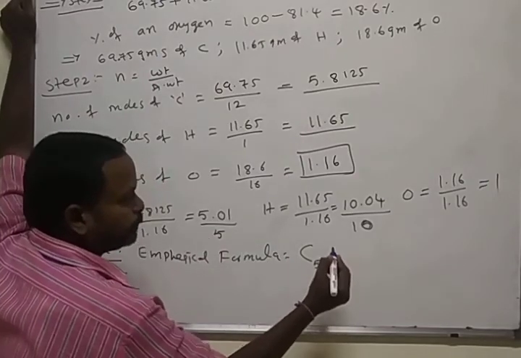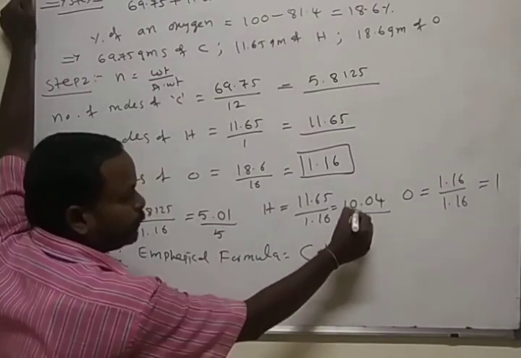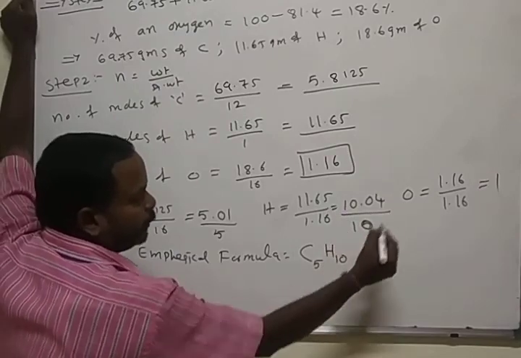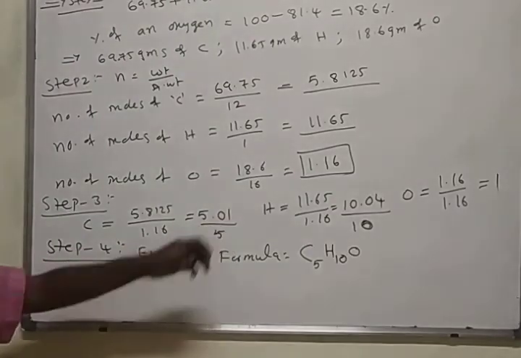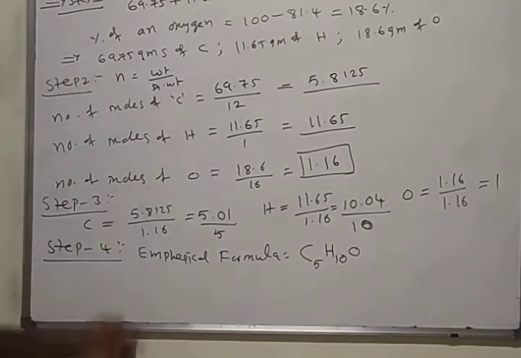How many hydrogens? 10. How many oxygens? 1. This is the empirical formula of this compound: C5H10O.